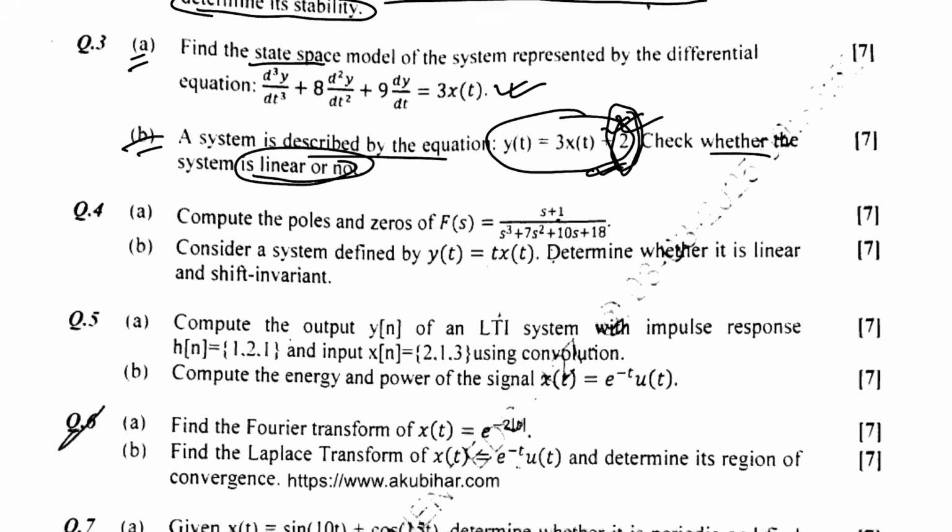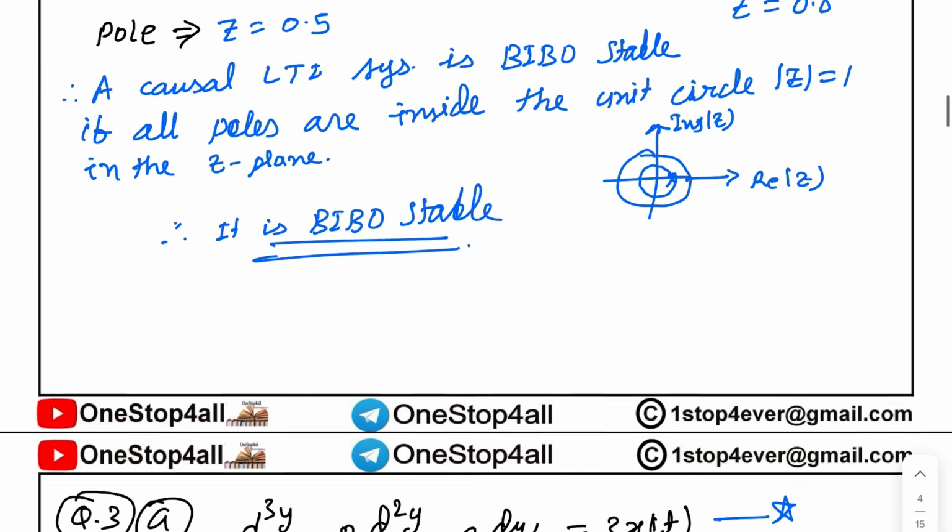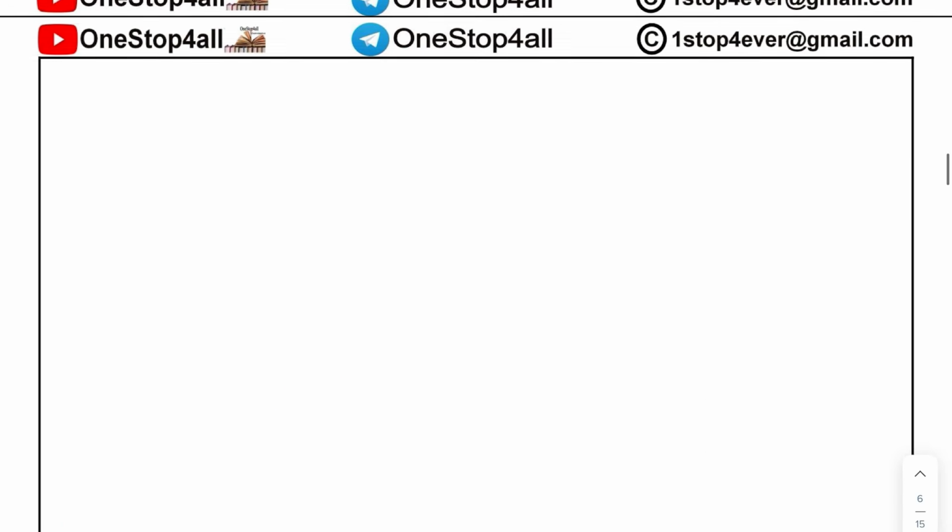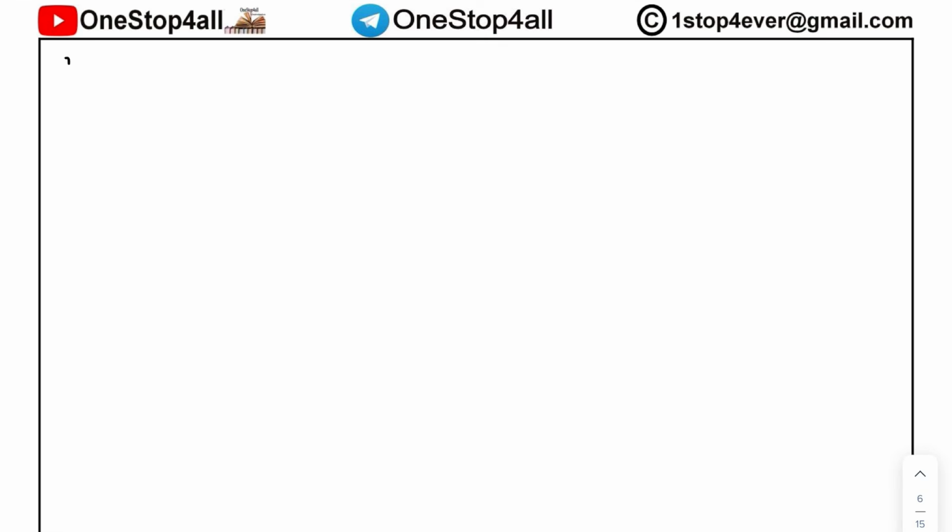Now we will move to question number 4. 4A: compute the poles and zeros of F of s, which is this one. We need to find the poles and zeros.